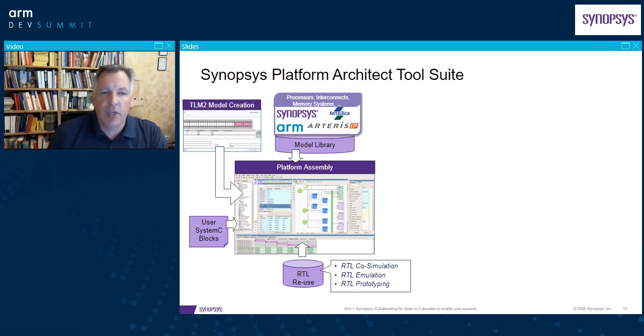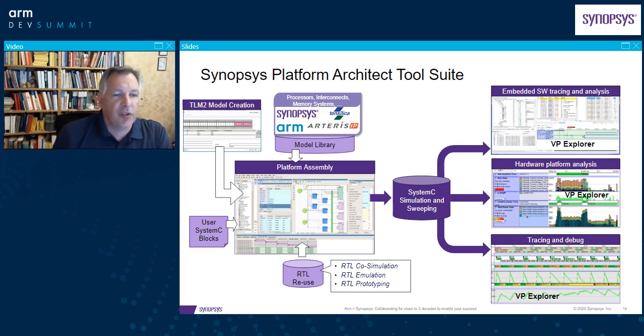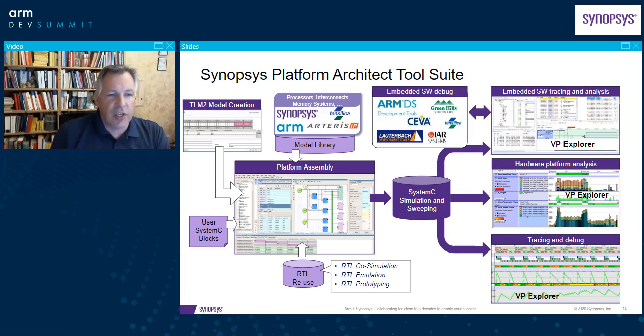The key element of this entire methodology is also the extensive and very in-depth analysis capabilities that come with Platform Architect, and a large library of building blocks, so models, processor models, interconnects, memory subsystems, peripherals, so that you can easily stitch together your system and get started very quickly.